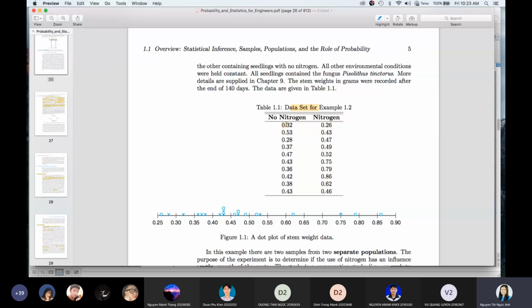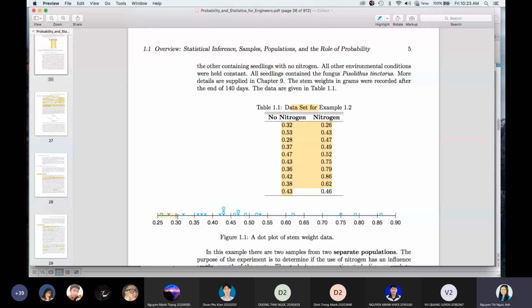Here's the data, and we order it increasing, so we remove the 10% smallest and the 10% largest, so we have 80% inside the range.